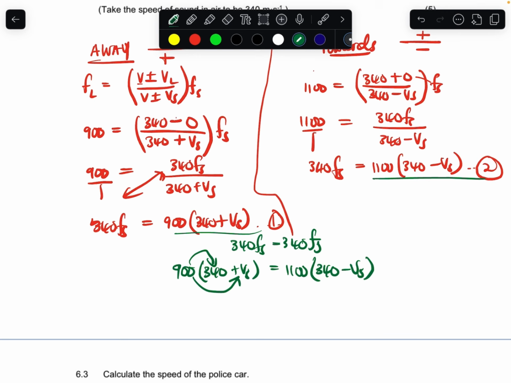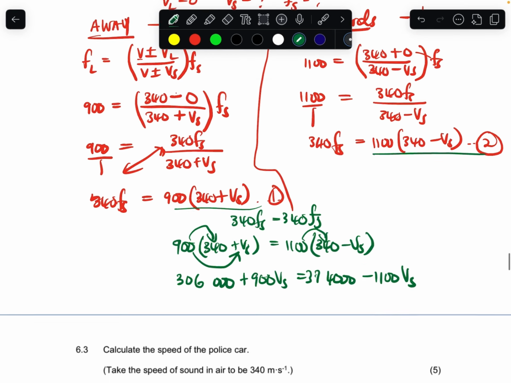The 900 times the 340 is going to be, is it 306,000? Yeah. And this plus is going to be 900 V_S. And 1100 times 340 is 374,000, and the other term is going to be minus 1100 V_S.